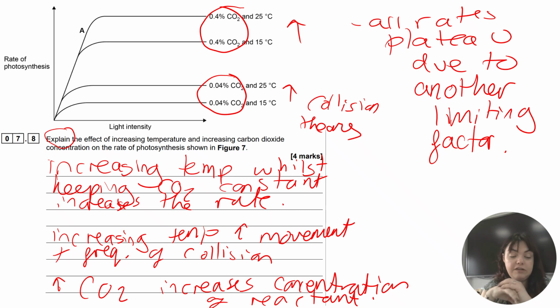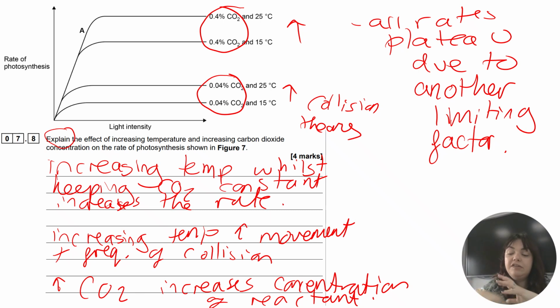Now, certain things you can say. You could say increasing the CO2 concentration while keeping temperature constant increases the rate of photosynthesis. Absolutely, you could do. So if you look, obviously 15 and 0.04 CO2 and 15 and 0.4 CO2 and 15, there is a big jump, right? So that's another way that you could say 0.1. So instead of saying increasing temperature while keeping CO2 constant increases the rate, you could also say increasing the CO2 whilst keeping the temperature constant increases the rate.